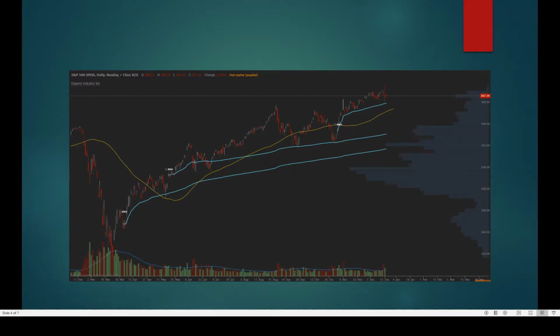And so often when you get a high volume event or you get a change in trend, a significant high or low, I'll put these volume weighted average prices to start from that date and then see how price reacts when it comes back to it. And so if it has a nice healthy bounce or a rejection, then that means that when the average price is come to, people want to buy it.